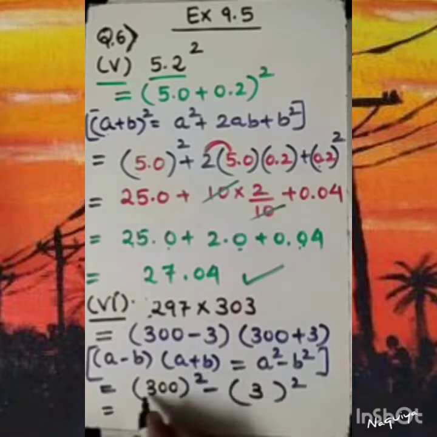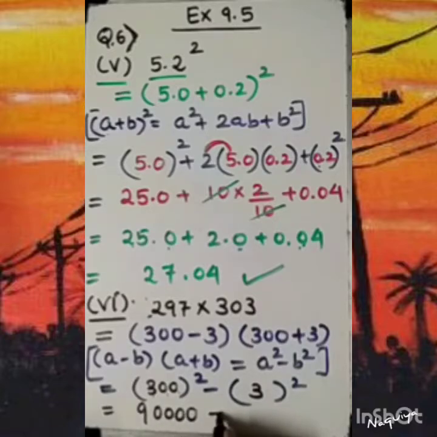Now work out upon this. 300 square. So simply go with the square of 3. Square of 3 is 3 into 3 is 9. And because of 2 zeros, so it will become 90,000. And 3 square is again 9. 3 into 3 is 9. And if we subtract 9 from 90,000, then our answer will be 89991.